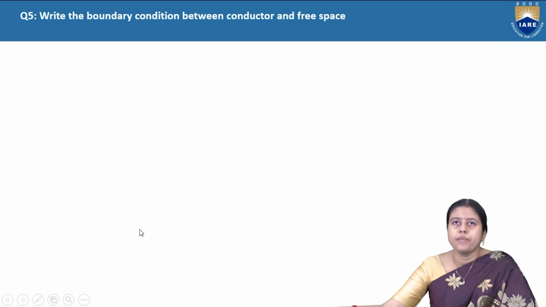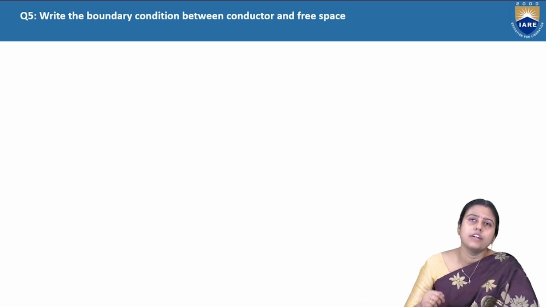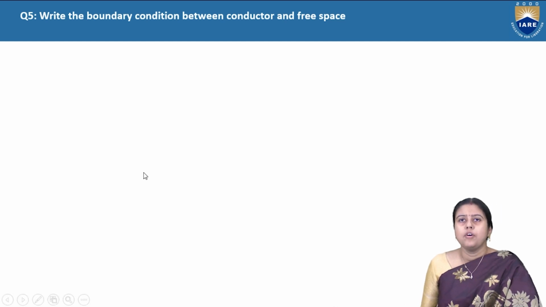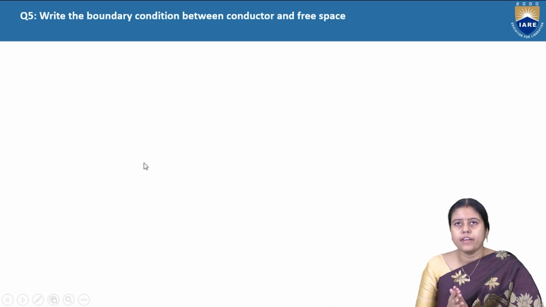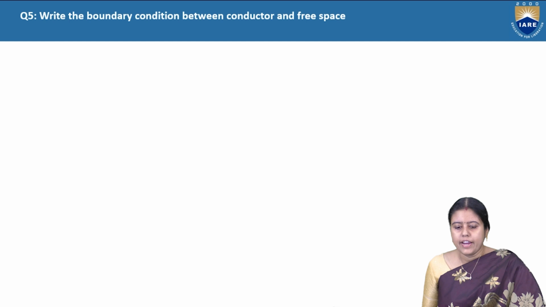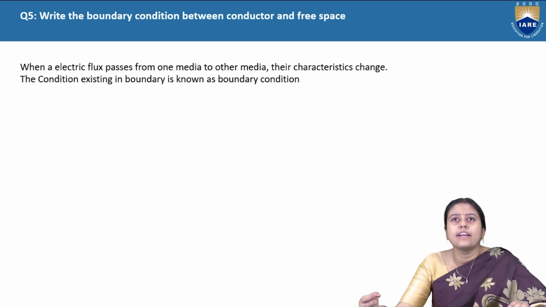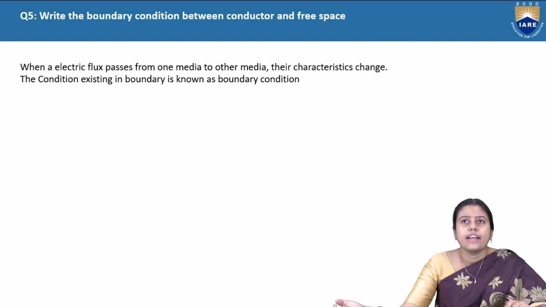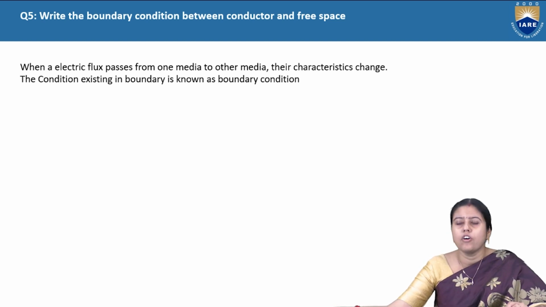Next important topic is the boundary conditions between the conductors and free space. This is a very important topic. I will tell it one by one, line by line. When the electric flux passes from one medium to another medium, its characteristics change, and the condition existing at the boundary is known as the boundary condition.